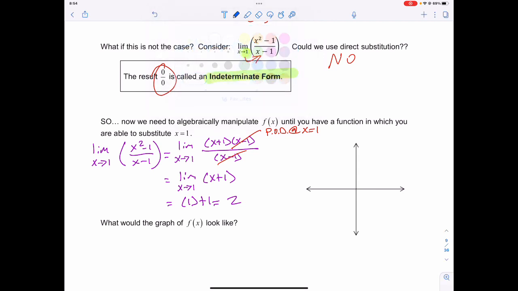When I graph this out, what do I have? I have a straight line of x plus 1 with a point of discontinuity that occurs where my limit is, at (1, 2).